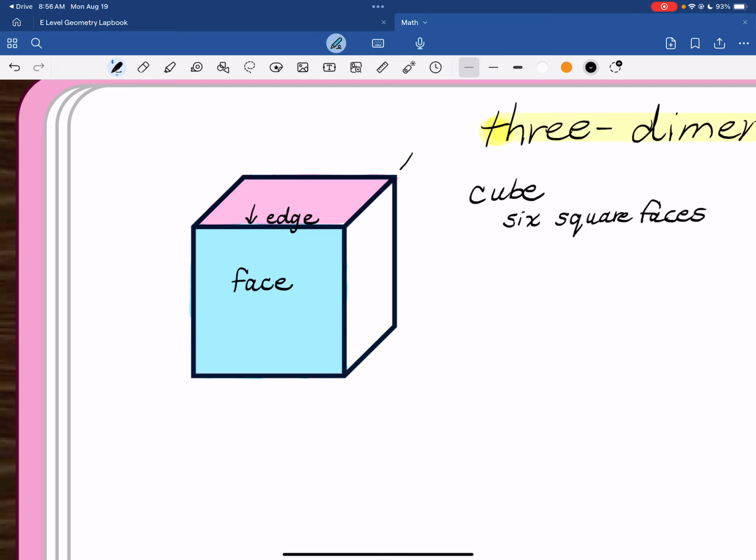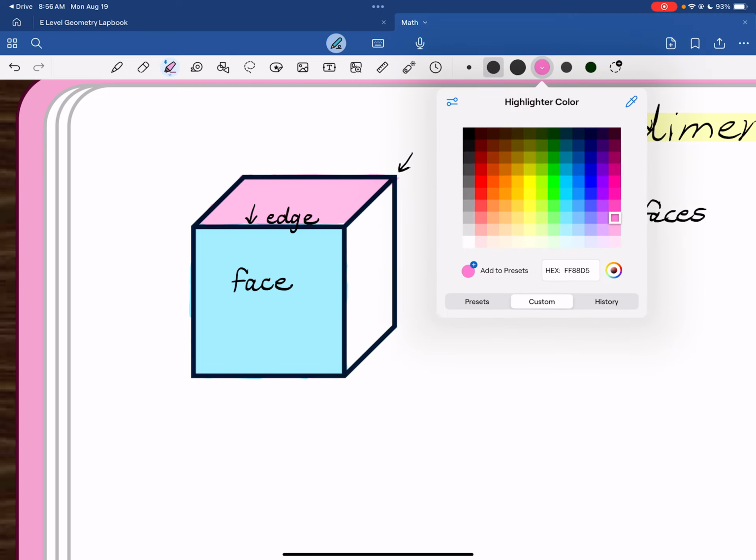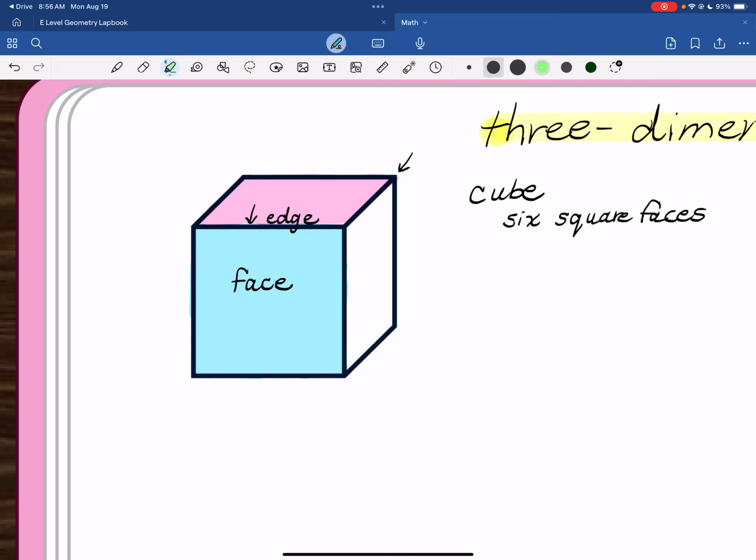And these corners where 3 come together, let me try. I'm getting a little bit closer in there. So if this is another face where the 3 of them come together, that point is called a vertex. And all of these are vocabulary words. One is a vertex. 8 of them are vertices.